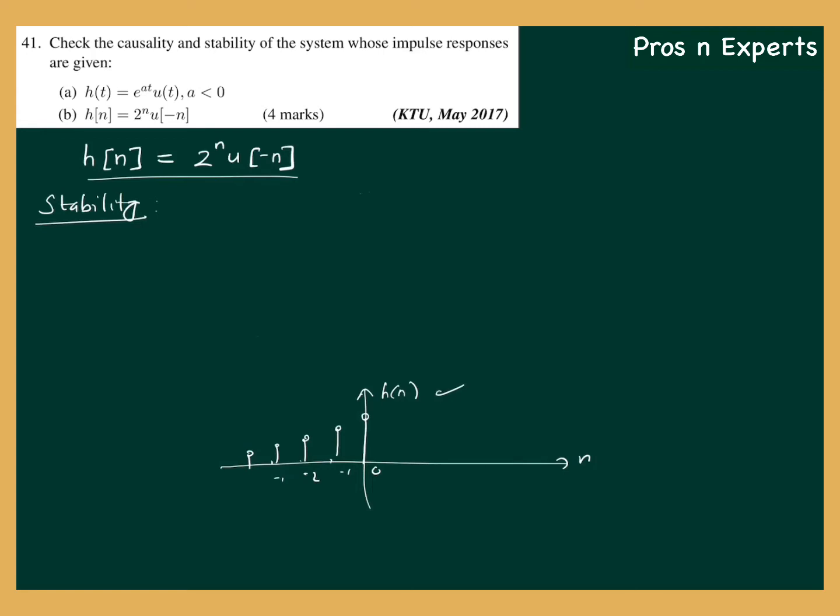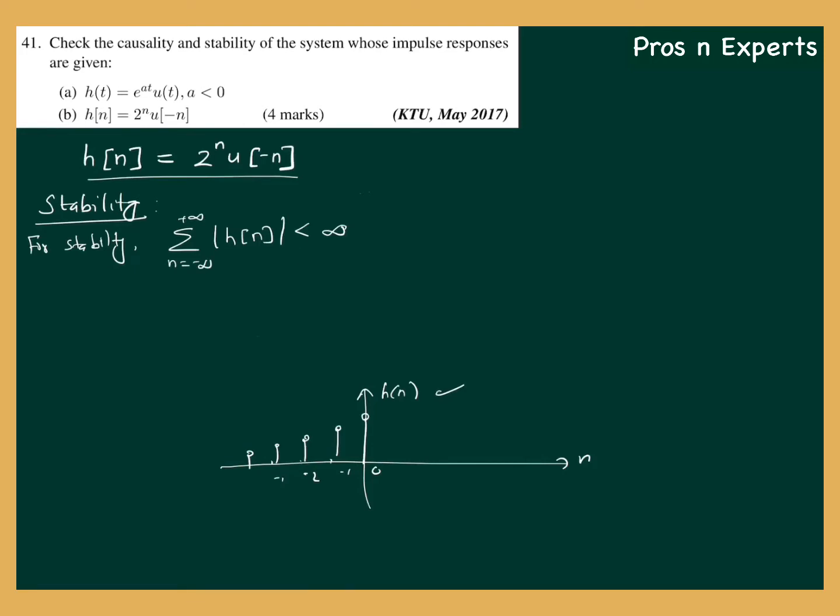Or else we can check it mathematically also. For stability, the sum over n equal to minus infinity to plus infinity of mod h of n should be finite. That is, we call it absolutely summable.